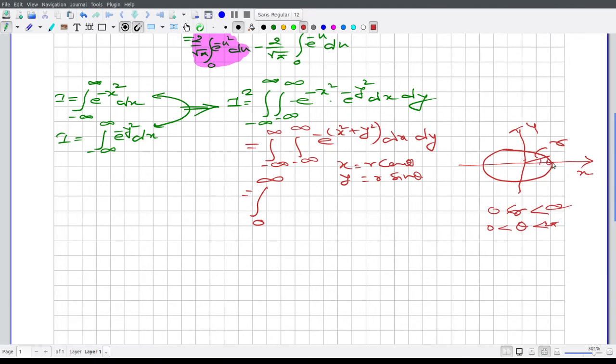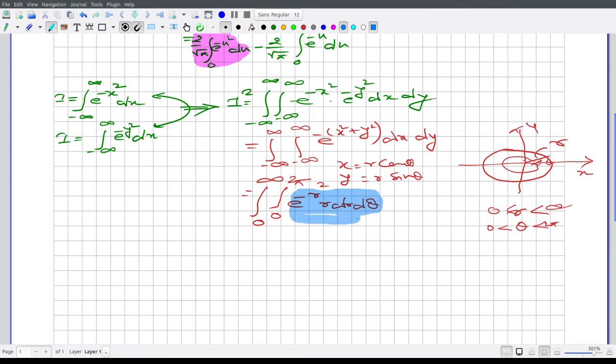So we can write e to the power minus r square, and for dx dy we write r dr d theta, because we are just converting the Cartesian coordinates to the corresponding polar ones. So instead of the area dx dy, we are writing r dr d theta.